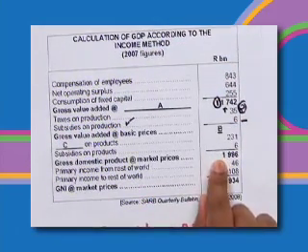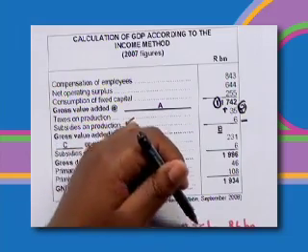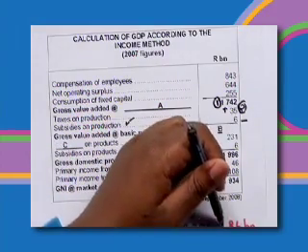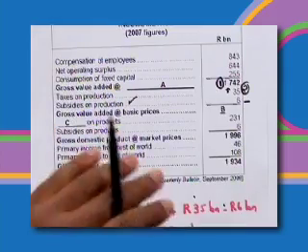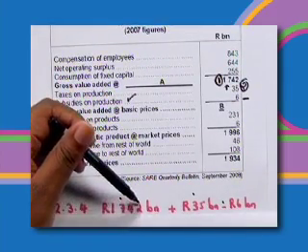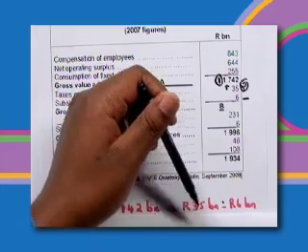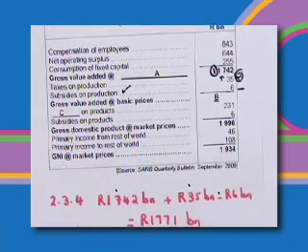So we have our GDP plus the taxes, and then now we need to subtract the subsidy which is 6 billion rand. So if you take 1742 billion plus 35 billion and you minus 6 billion, your answer there will be 1771 billion. Okay, guys, you just need to know where to find the information.